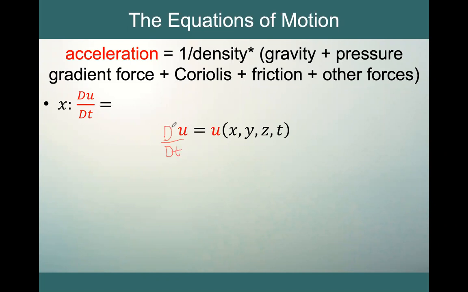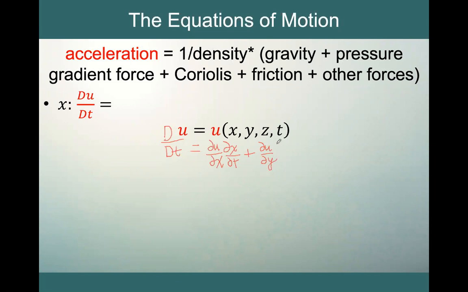then if we take the total derivative of u with respect to time, what we need to do is take the partial derivative of u with respect to x first. And then we can't just do that because we need the derivative with respect to time. So we have to do the chain rule and do dx/dt. Now, we also need to take the partial derivative of u with respect to y.